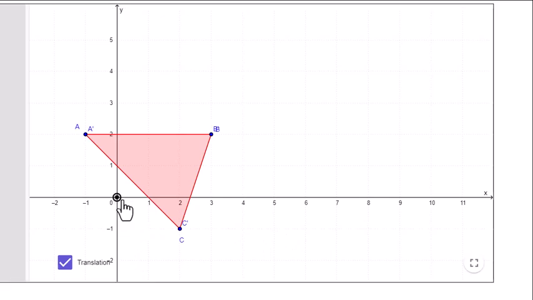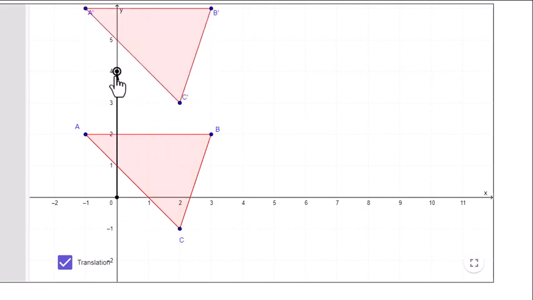If I were to slide the shape to the right 4 units or maybe 5 units, this would be the original shape and this would be the translated shape. Or I could slide my shape up 4 units, or down 1 unit, or to the left 2. Or I could do a combination of sliding it up and to the right.